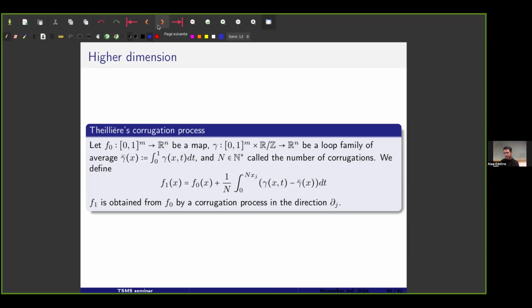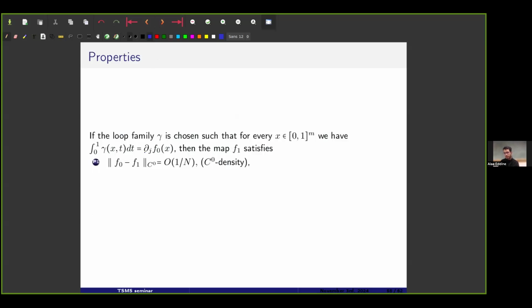So the map f1, what will happen? It will still be C0 close to f0, always with the condition on the average that it is equal to the directional derivative in direction g of f0. We always need this condition.